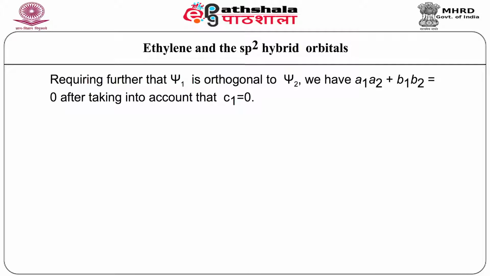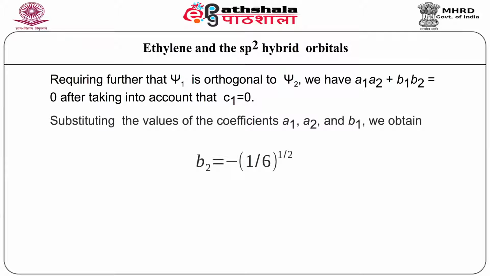Requiring further that Ψ1 is orthogonal to Ψ2, we have the condition A1A2 plus B1B2 equals 0 after taking into account that C1 equals 0.